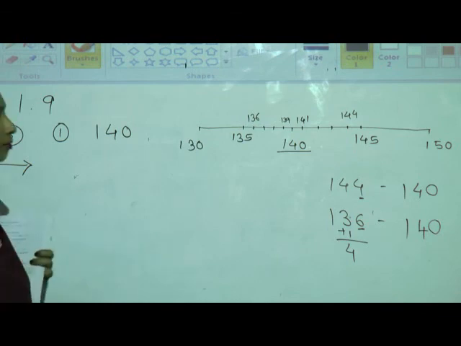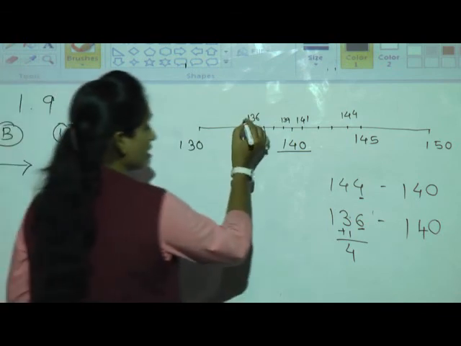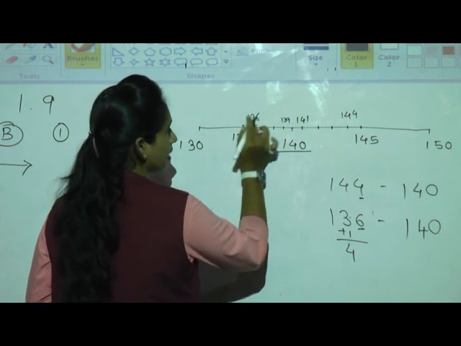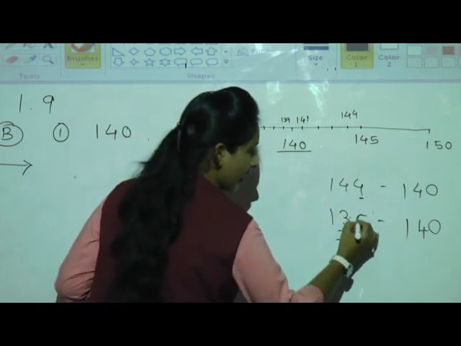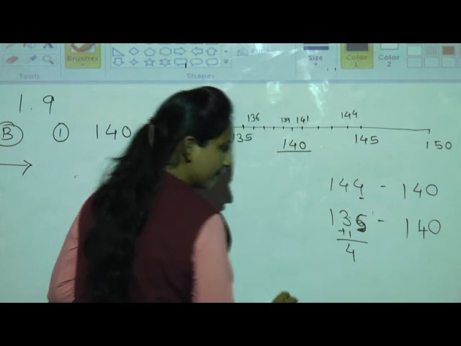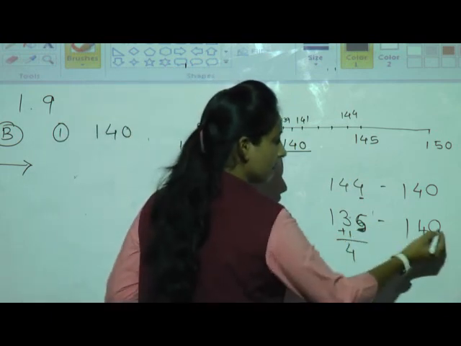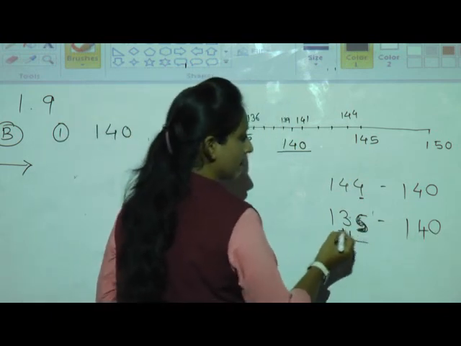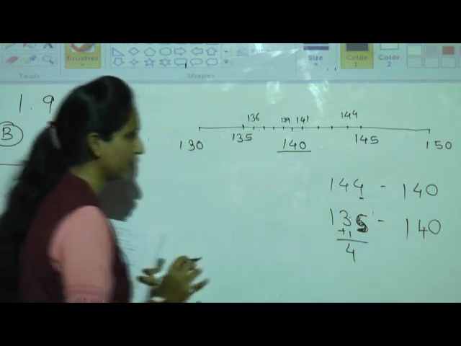Yes, students? See, here 135 will also come. If it is 5 or more, if 35 is also there, what will happen? We will place the 0 and we will add 1. So 140 only will come.